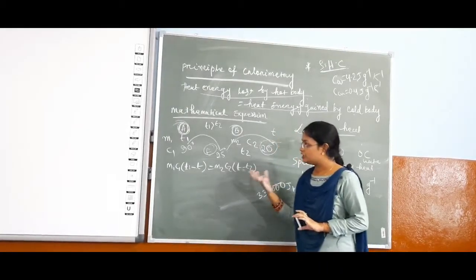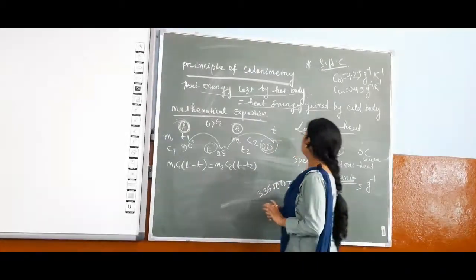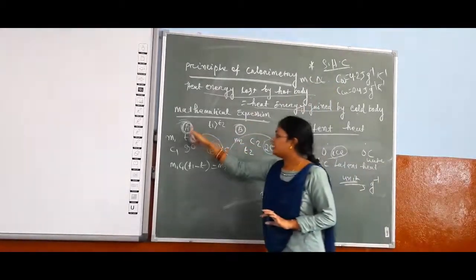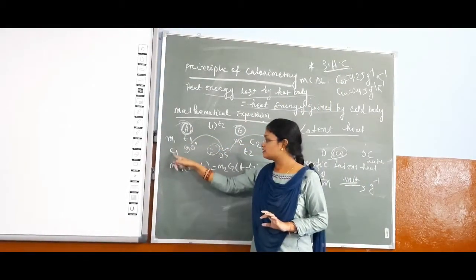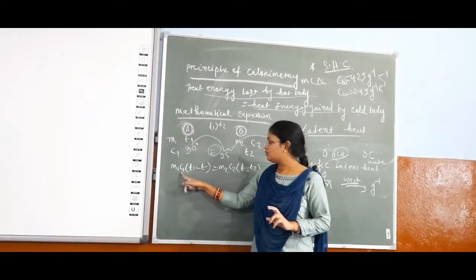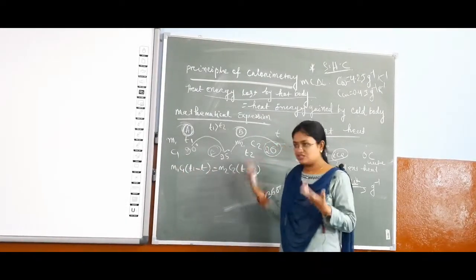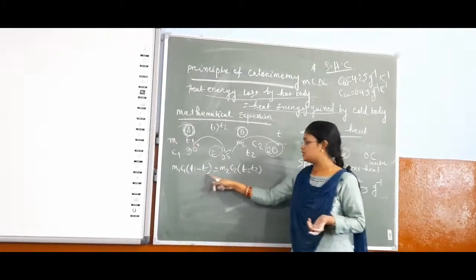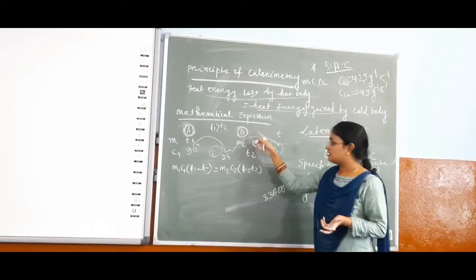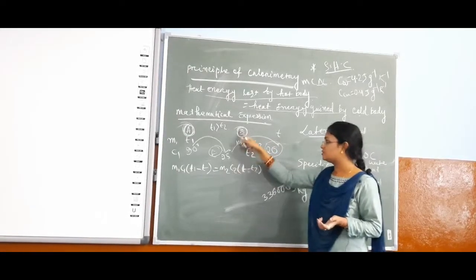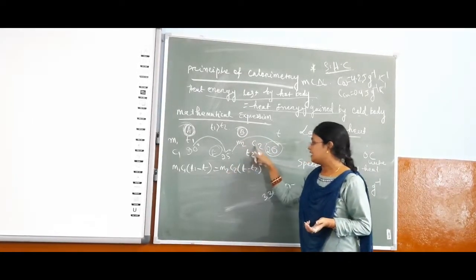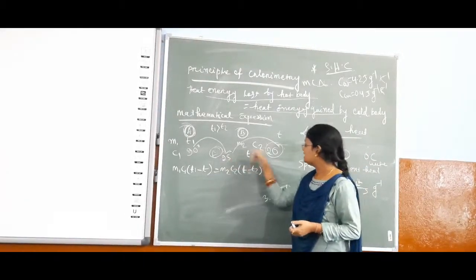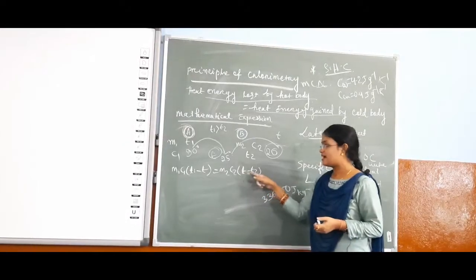For body A, we will use the specific heat formula, that is mc delta T. Body A has mass m1, specific heat capacity c1, and the change in temperature T1 to T, so T1 minus T, is equal to heat gained by body B. Its mass is m2, specific heat capacity c2, and the gain in temperature is T minus T2.